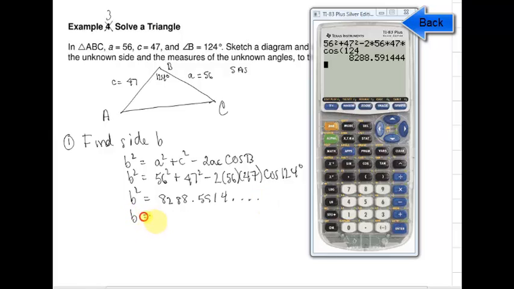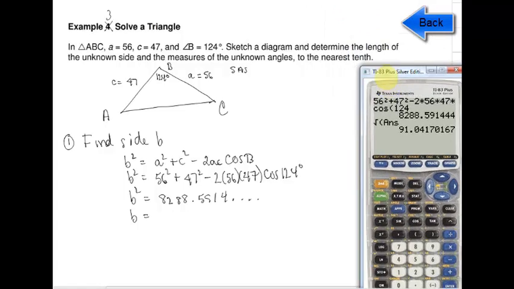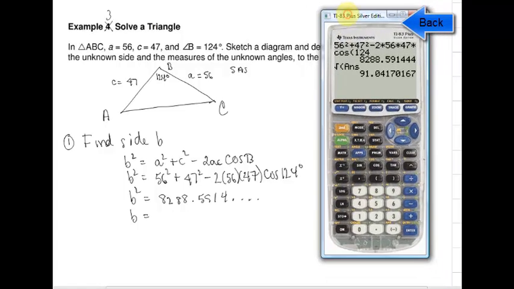And so square rooting 8288, I'm going to go second x squared and second answer, and I get, to the nearest tenth, 91.0417. Okay, but to the nearest tenth, that's 91.0.